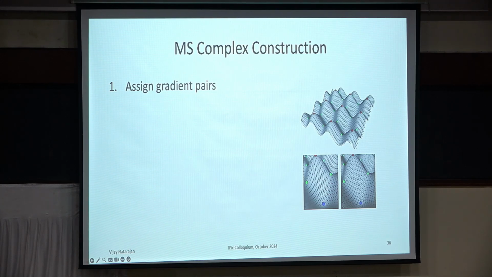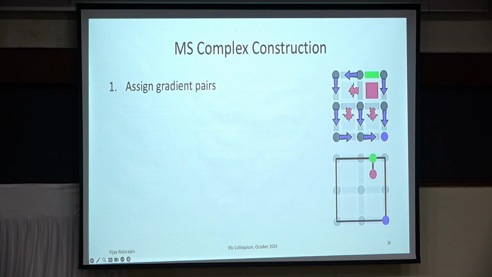Let me again use pictures to help explain this. What you see on the right is a 2D scalar field, and you see gradients on them, I think downward gradient, so it's the negative of the gradient. Ideally we would like to trace these gradients as you go down or up. So these can be modeled as pairs between vertices and edges, or between edges and faces.